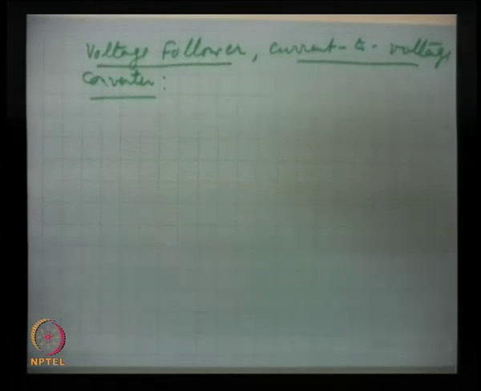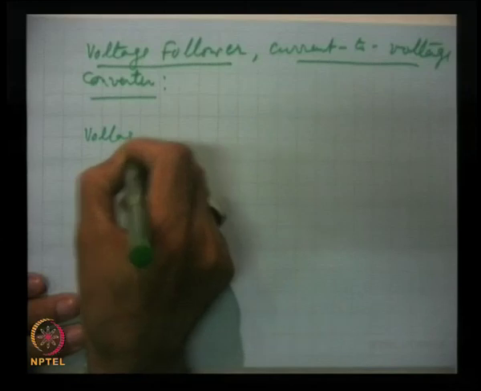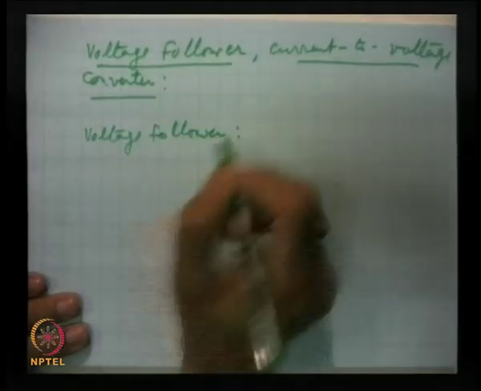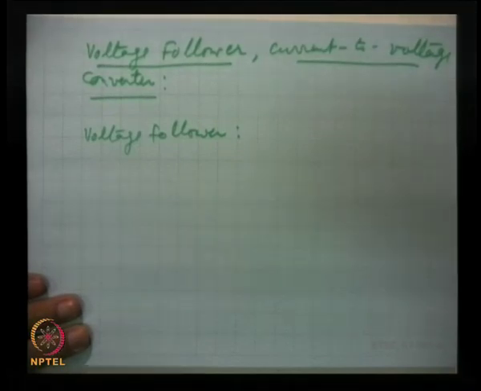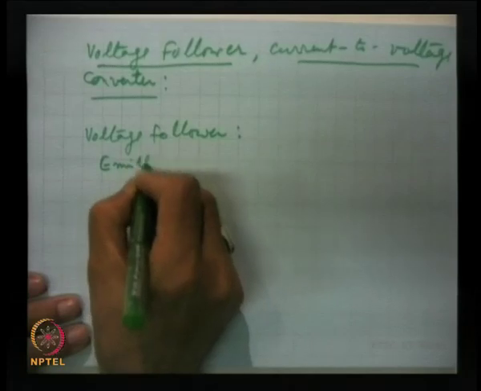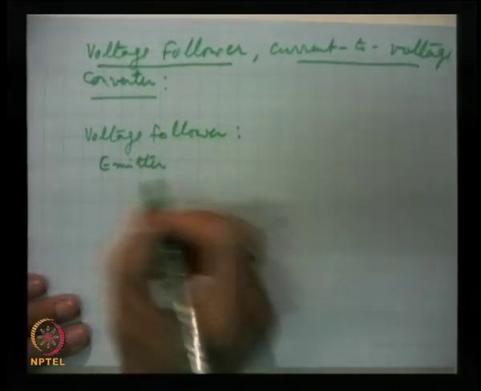Let us first take voltage follower. Voltage follower is synonymous to what we have done as emitter follower. In discrete circuits with a BJT, we had emitter follower.